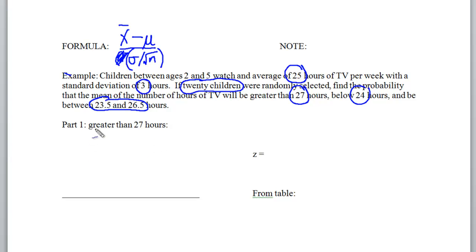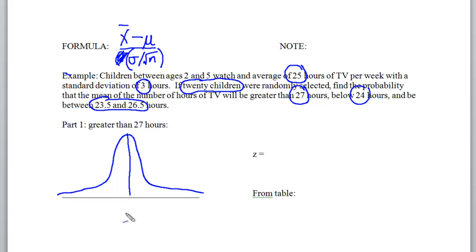The first part is we're going to find out what are the chances that our small group of 20 students will have an average greater than 27 hours of television. So what we're going to do is make our normal curve, but notice this normal curve is not going to be like the usual normal because the standard deviation is smaller.